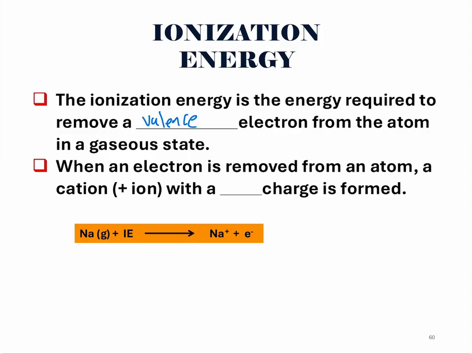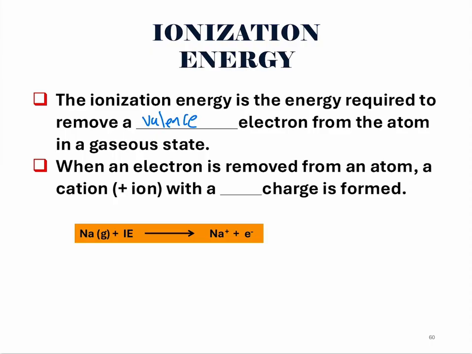If we think about what we did on Wednesday with the flame test, the flame test looks at adding energy in the form of heat to remove or excite an electron in these atoms, and then that will emit light. Another way we can do this is if you hit it with a photon, or a particle of light.